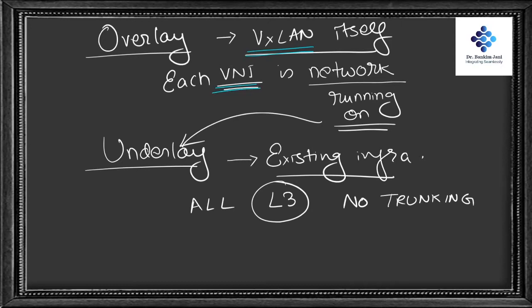And this VNI is as such a network, and this network would be running on underlay. There is another name also for this VNI, and that is the bridge domain. We'll make this thing still more clear as we proceed.